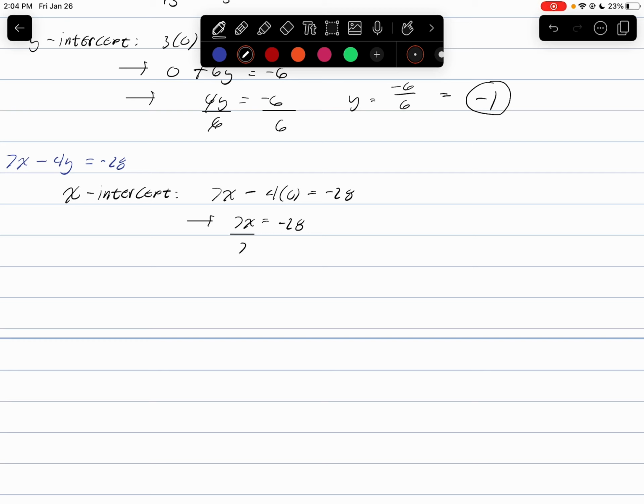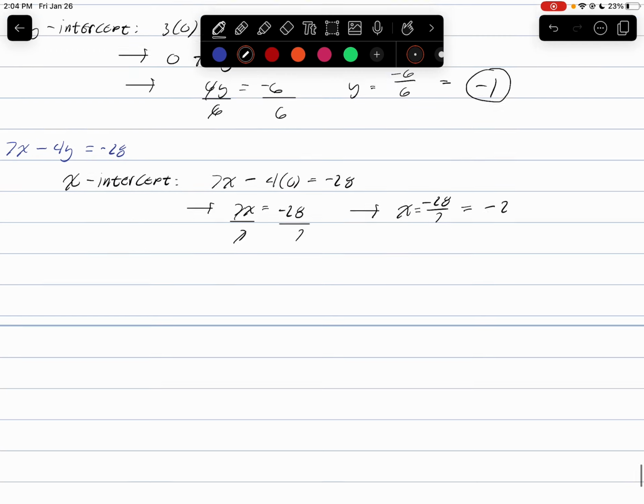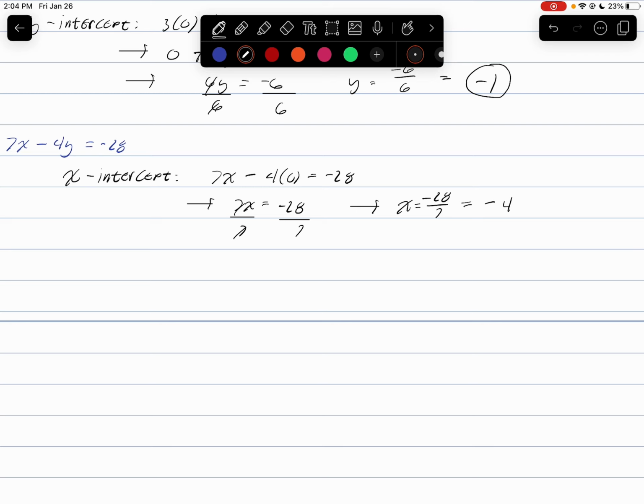Now we can divide both sides by 7, and we'll have x is equal to negative 28 over 7. Negative 28 divided by 7 is negative 4. So our x-intercept is negative 4.